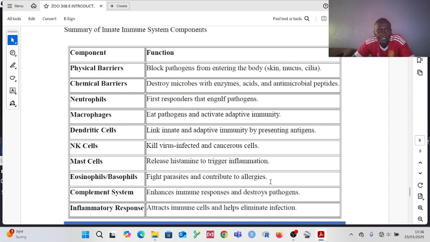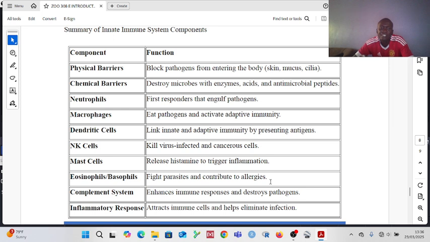Neutrophils, these are cells that are the first responders, and what they do is they engulf pathogens. They swallow the pathogens. Macrophages also eat pathogens, and they also help in activating the adaptive immune system.